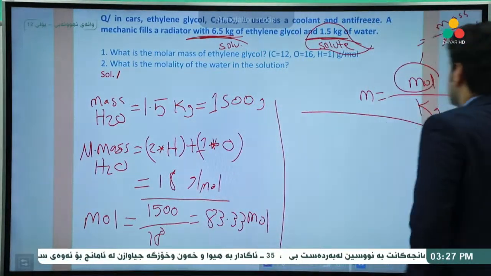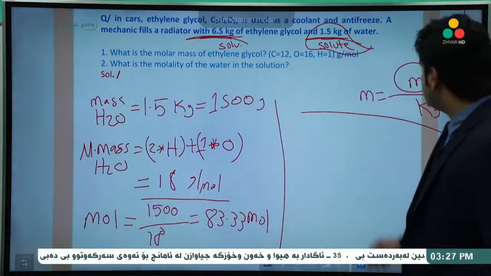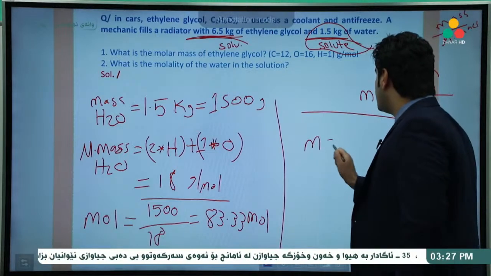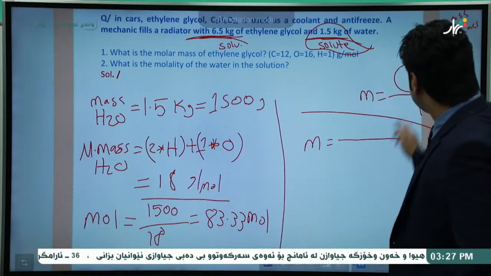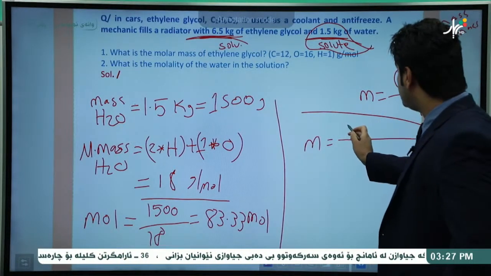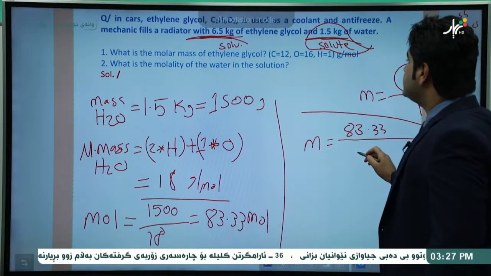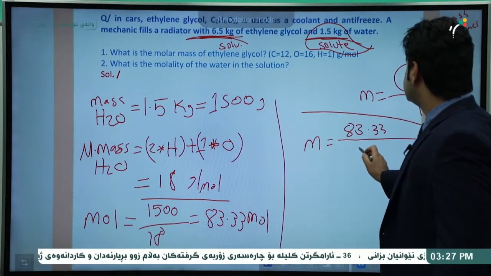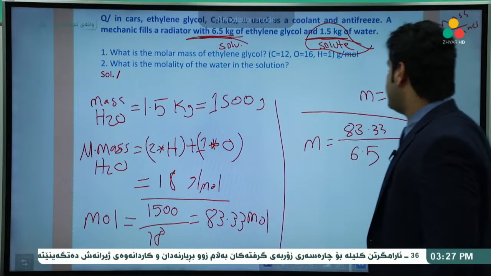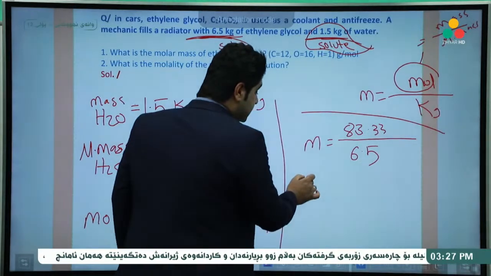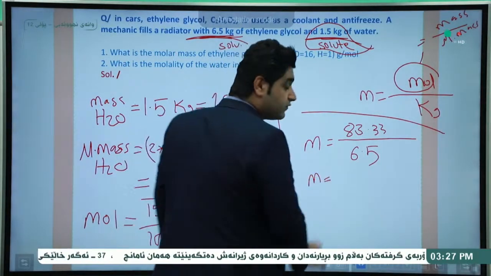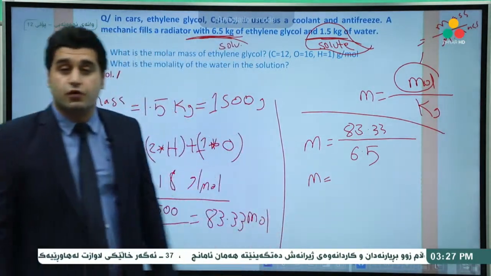So the last step, let's find out the value of the molality. Molality is equal to mole per kilogram. This is number of moles, 83.33, divided by 6.5 kilogram. You see how easy it is? It's just like drinking a cup of water.